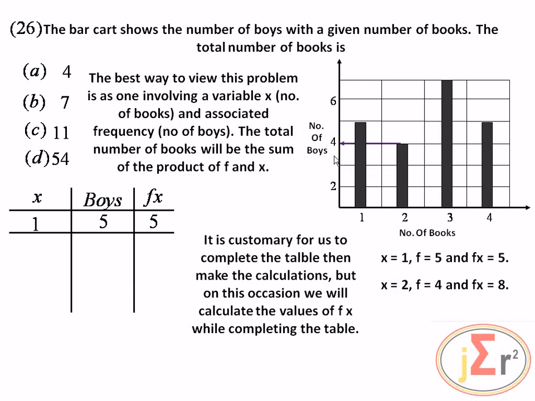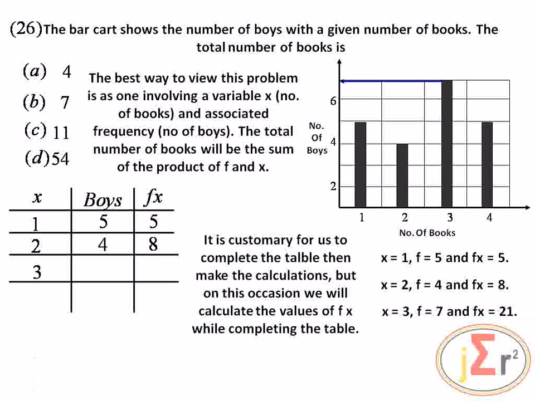So here we have 4 boys, 2 books, and the product is 8. On the next occasion, we have x is equal to 3, f is equal to 7, fx is 21. So we have right here number of books 3, number of boys 7, and the product is 21.